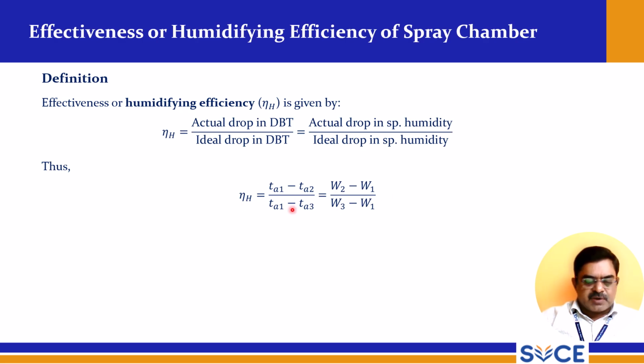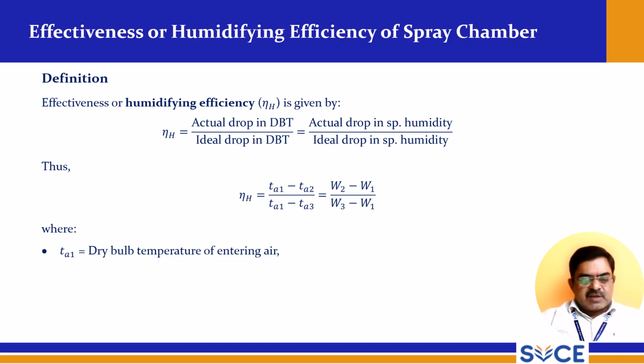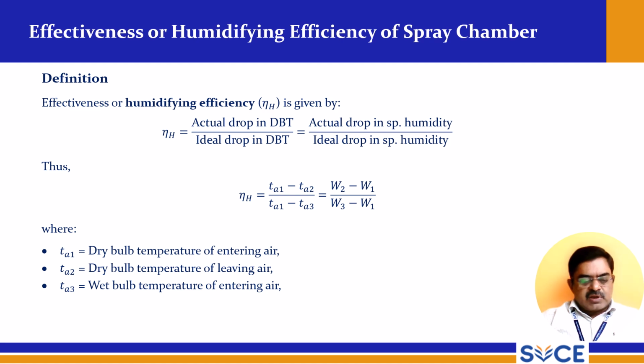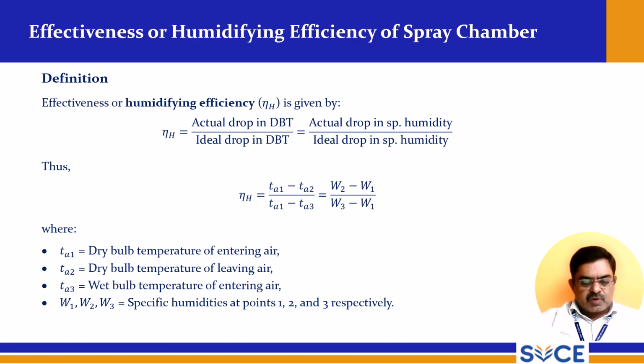In terms of temperature we can also write (Ta1 minus Ta2) divided by (Ta1 minus Ta3). Ta1 is the dry bulb temperature of the entering air, Ta2 is the dry bulb temperature of the leaving air, and Ta3 is the wet bulb temperature of the entering air. W1, W2, W3 are the specific humidities at points 1, 2 and 3 respectively.